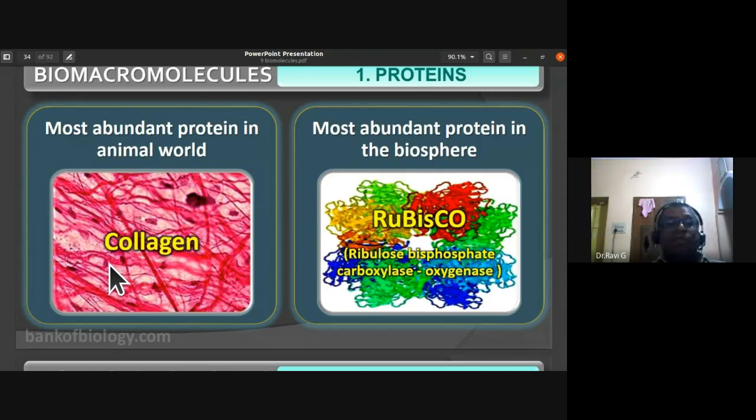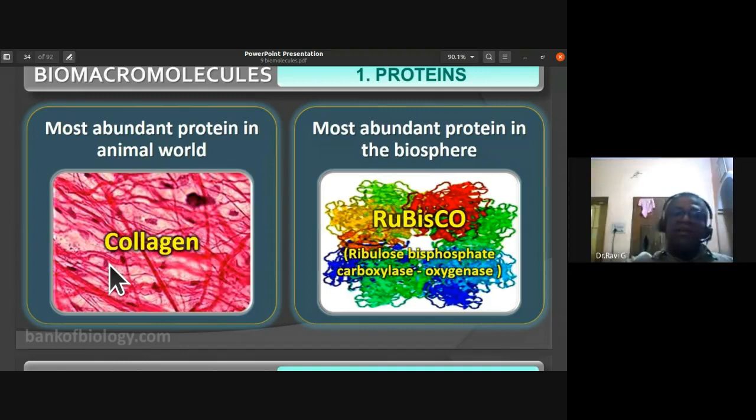In the animal world, the most abundant protein is collagen, whereas the most abundant protein in the entire biosphere is the Rubisco enzyme, ribulose bisphosphate carboxylase oxygenase.